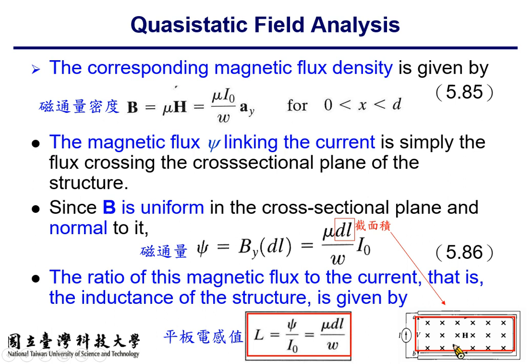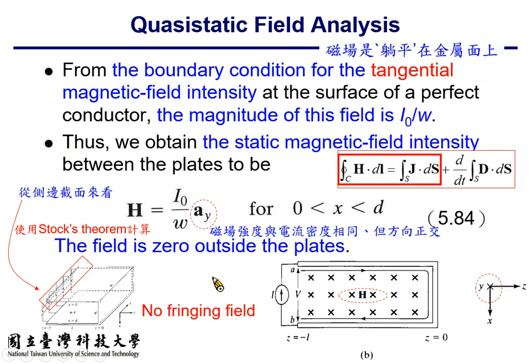Because it complies with the boundary condition of the top and bottom metal plate. So you can only have a vertical electrical field, which is in the direction of the x axis.